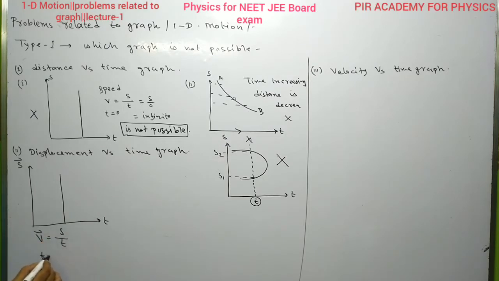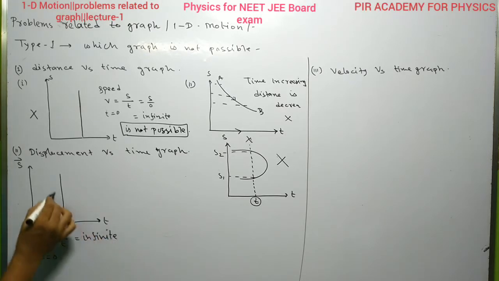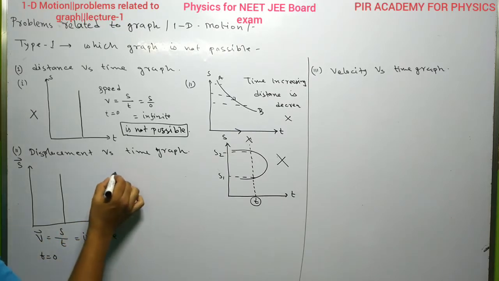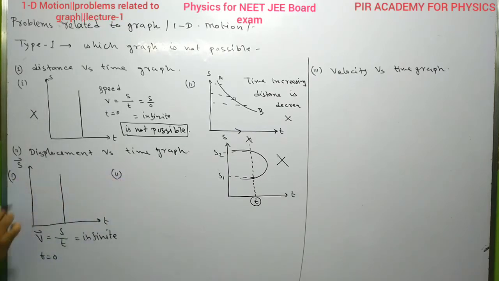Here t is 0, so it will be infinite. So this graph is not possible because a particle cannot possess infinite velocity.